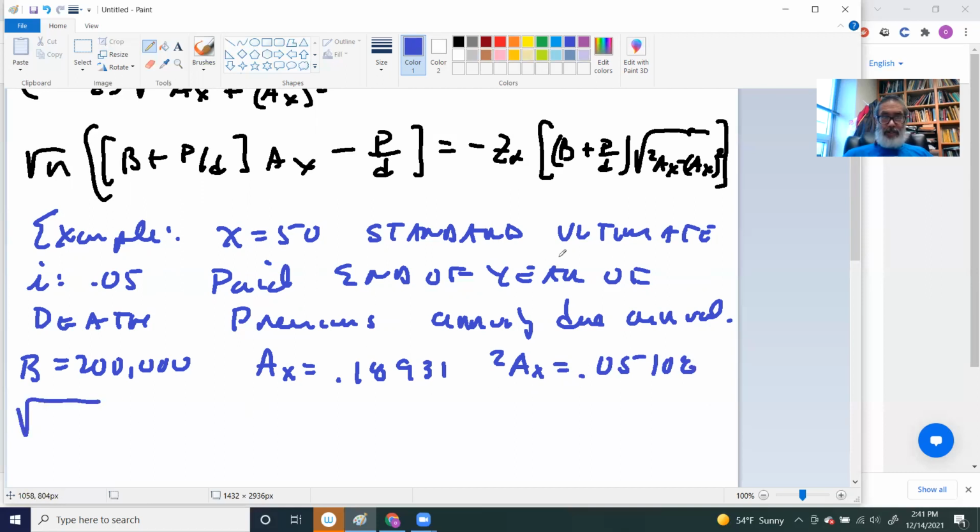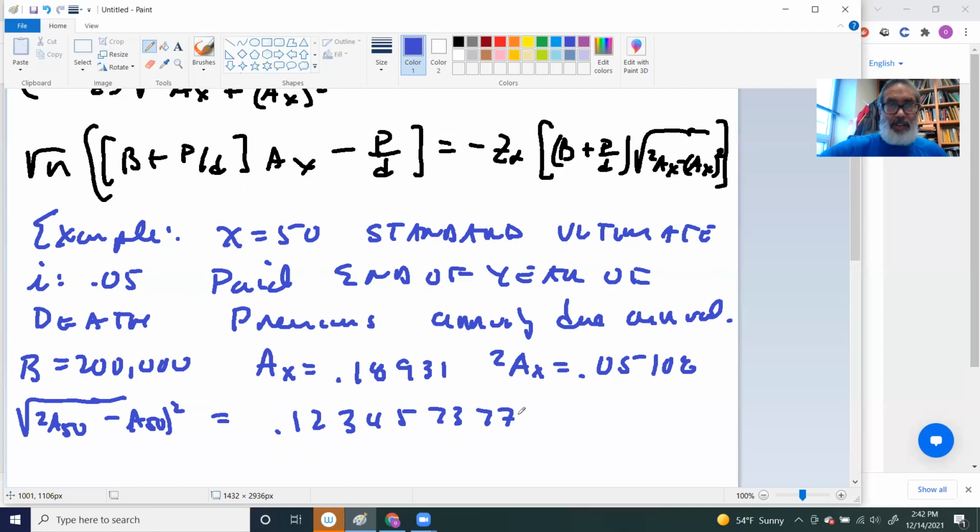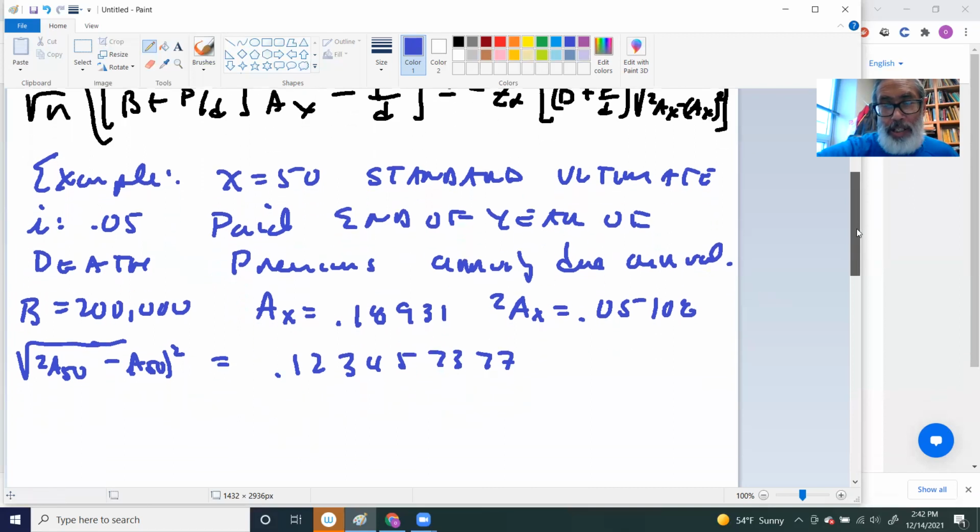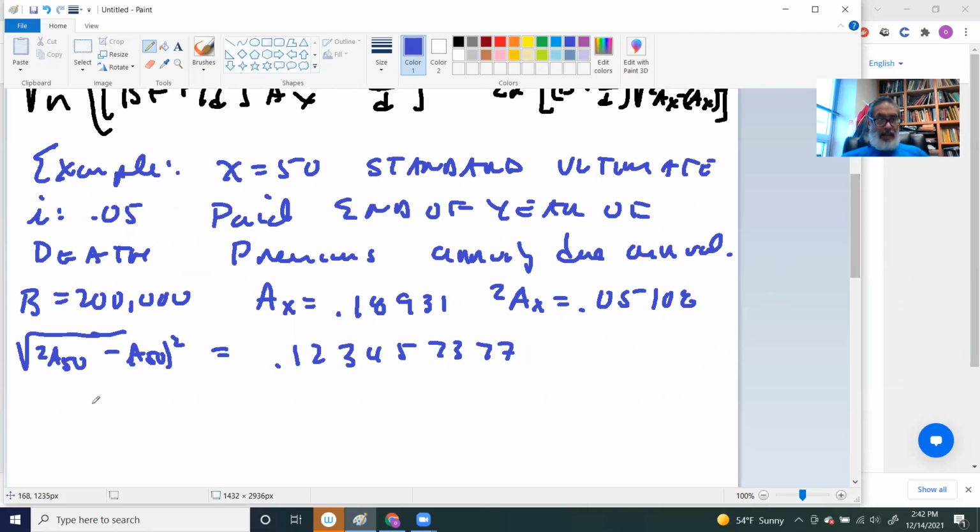This thing here, which appears on the side, turns out to be 0.123457377. That's all kind of routine. And let's say we're interested in alpha equaling 0.05. So z alpha is 1.96.